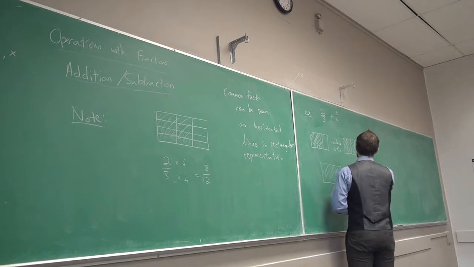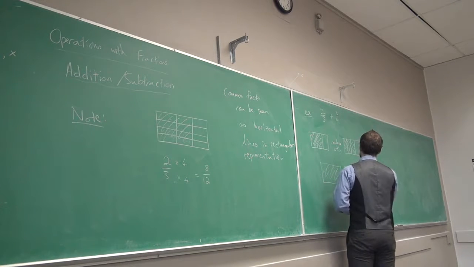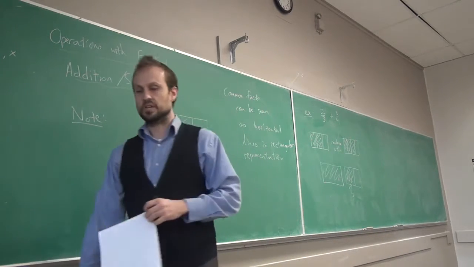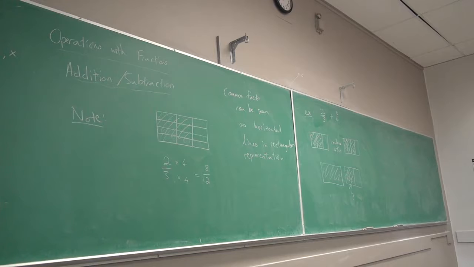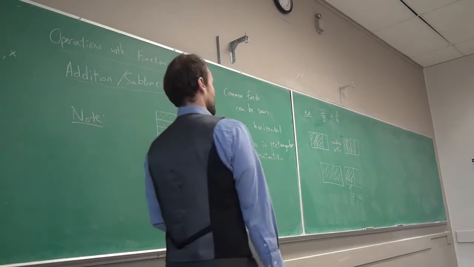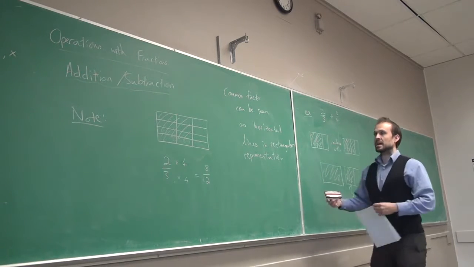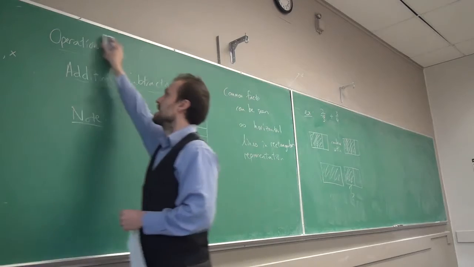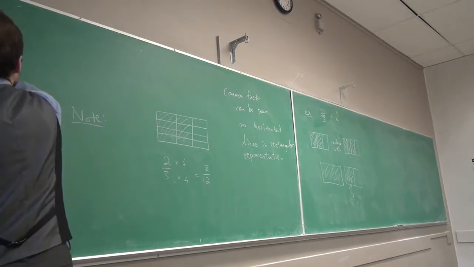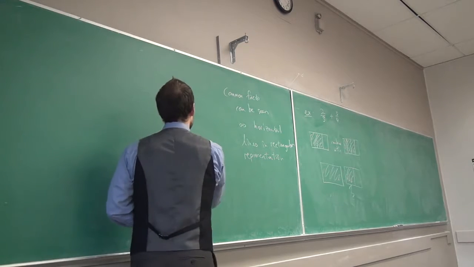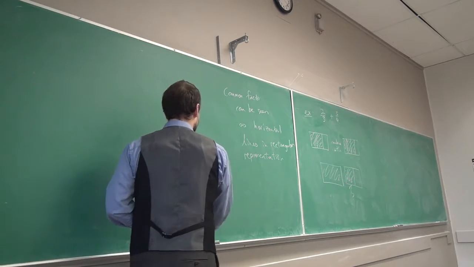So I'm going to get a little more. But what on earth is that? I can't trust my drawings, my rectangles, to say accurately what that little extra fraction is. I have no idea. Visually, no idea. I have to look at another way to work with fractions in order to get the answer correct with confidence every time.